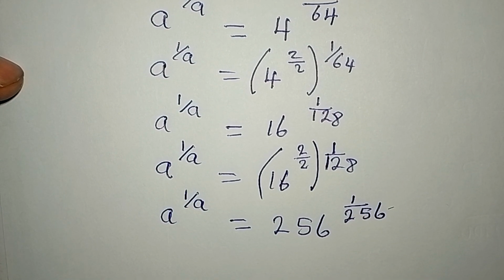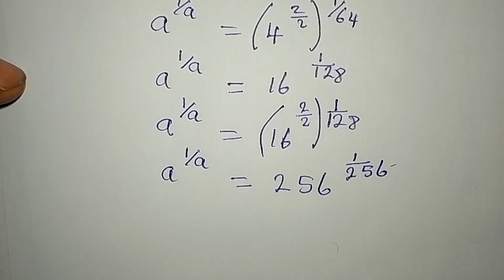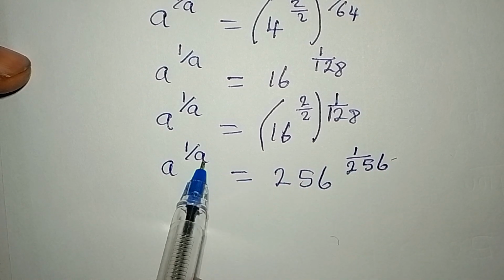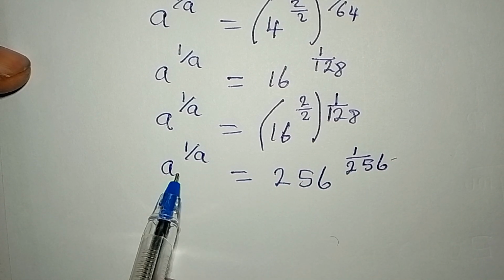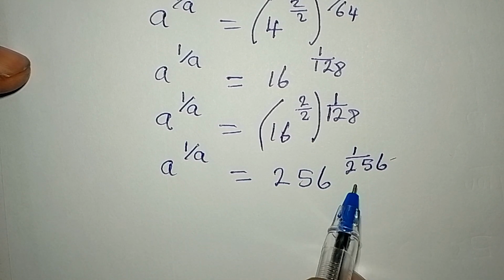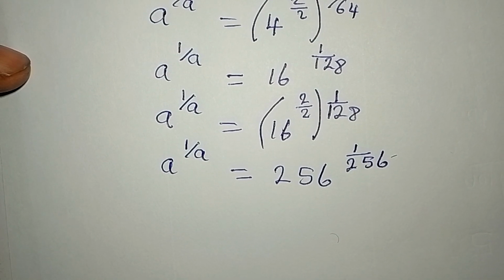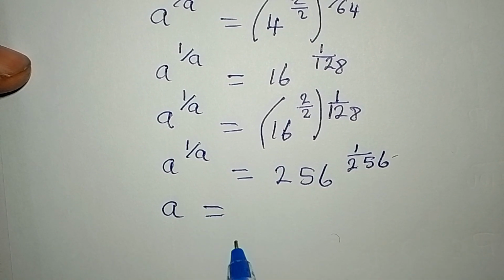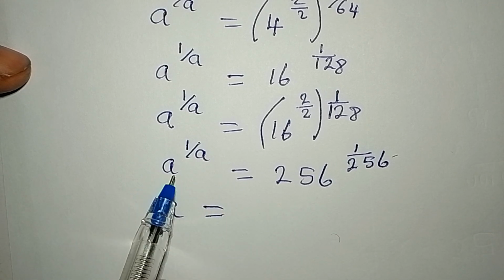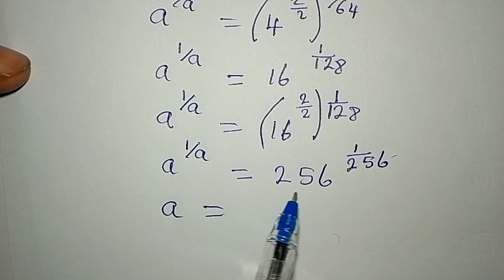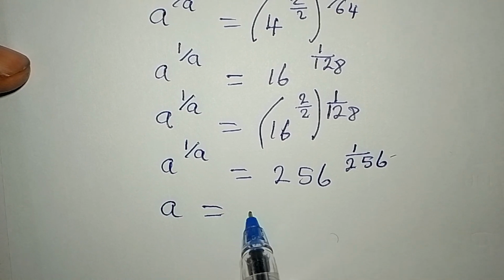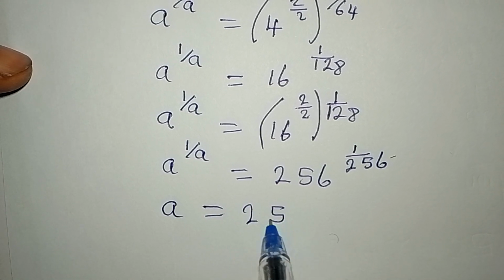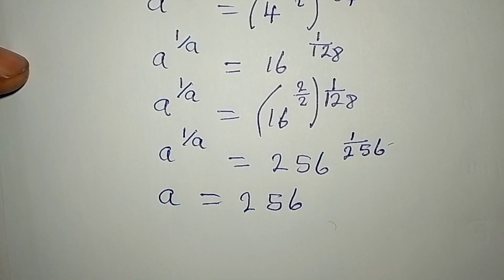And then from here, you look at what we have right away. On the left hand side, we can now relate what we have on the left to what we have on the right. Now let's compare the bases. The base on the left hand side is equal to the base on the right hand side. So that means we have 256. Now let's compare the powers as well.